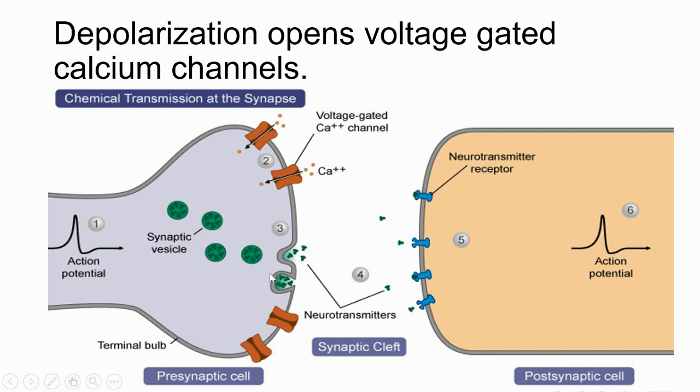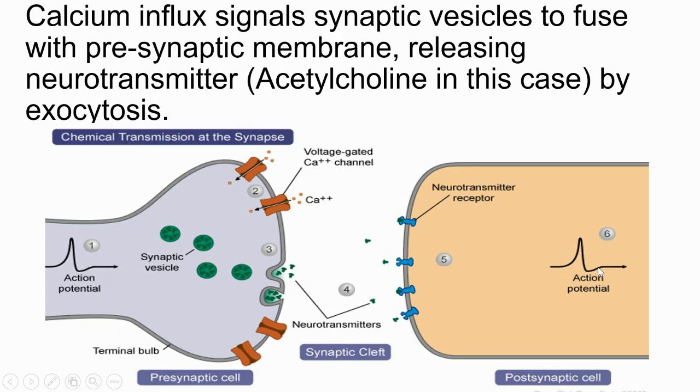This vesicle fuses with the membrane, releasing the neurotransmitters into this empty space called the synaptic cleft. Then the neurotransmitters diffuse across the synaptic cleft where they bind with receptors on the postsynaptic cell, and that is going to stimulate an action potential in the postsynaptic cell.